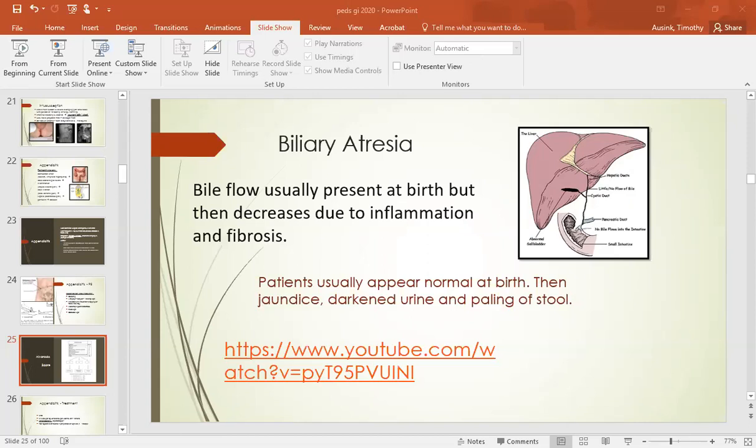We send that material to the liver, and then the liver stores it, sends it down the biliary tree where it stores it as bile and all this other junk. And all this stuff goes down into the bowel and colors the stool, right? Because it's a waste product. We don't need it anymore. We're going to get rid of it. If we're not getting rid of it, but we're retaining it, we're going to see problems with the stool.